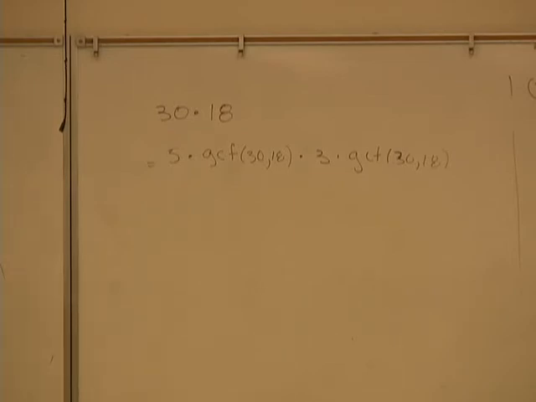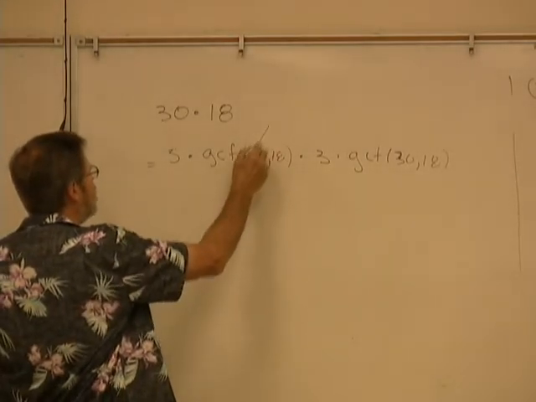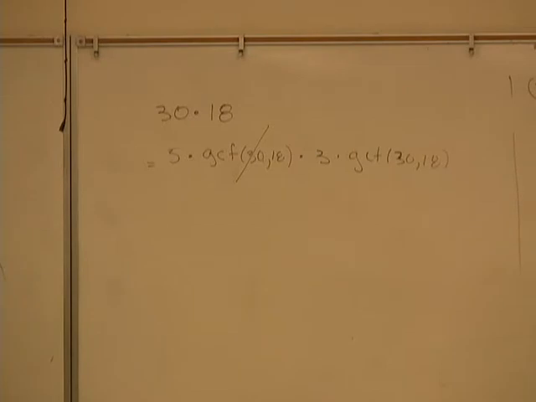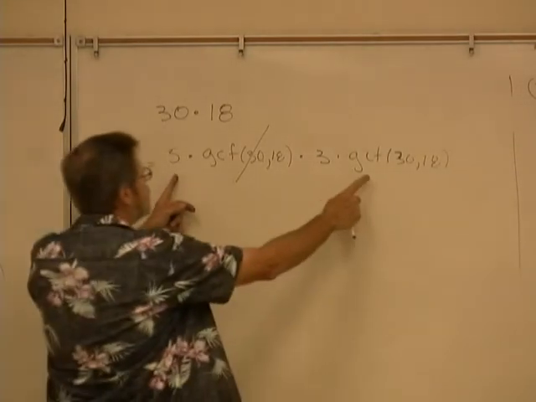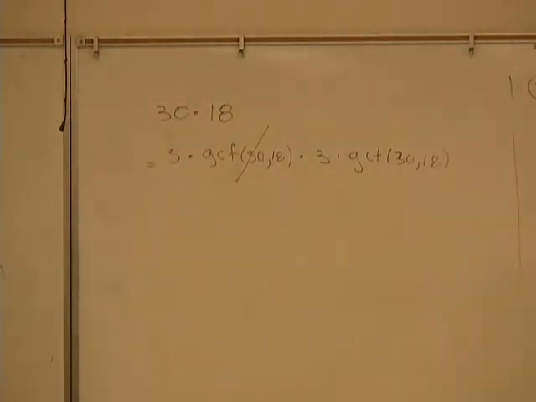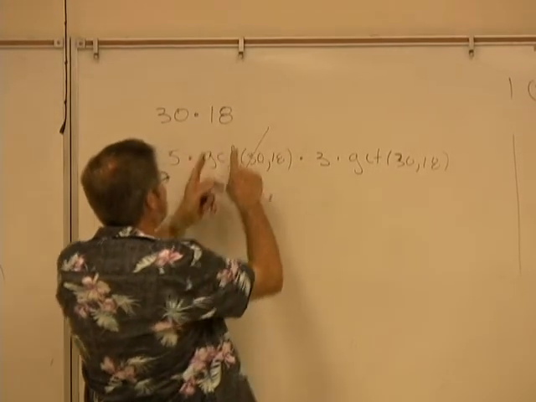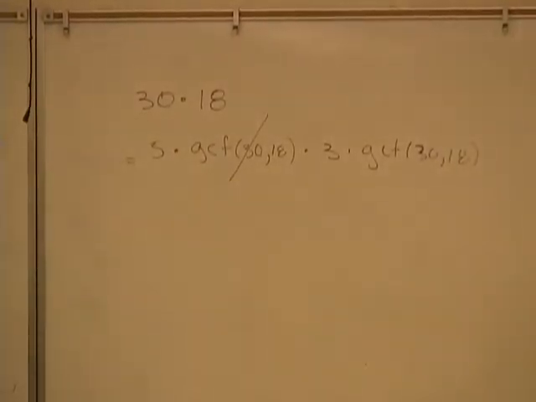The least common multiple doesn't need both of these, in the sense that 5 times the greatest common factor represents 30, and 3 times the greatest common factor represents 18. This is overkill in terms of finding a number which both 30 and 18 divide. You see that?